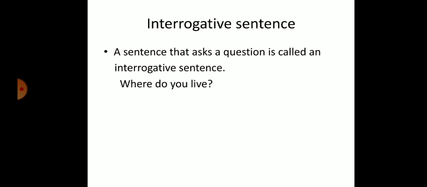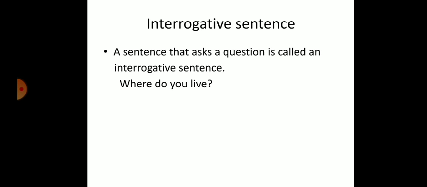The second category is the interrogative sentences. Yes, what are interrogative sentences? Most of you have known it, that these sentences are made in order to ask a question. These sentences are used to ask some question.